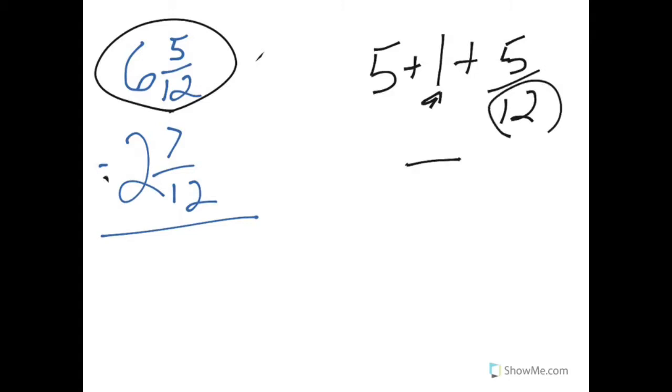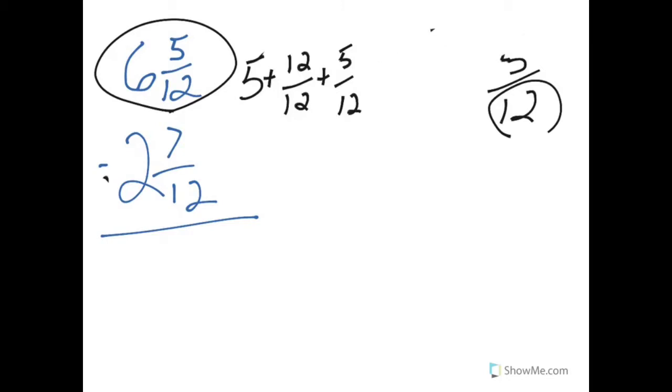I already know my denominator is 12, so really I'm going to make this 5 plus 12/12, which is my 1, plus 5/12. Okay? Now, I know that's maybe a little confusing, but it's really just taking a 1 out of the 6, writing it as a fraction.